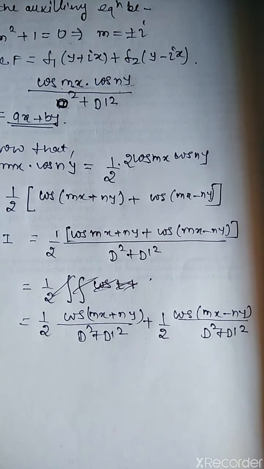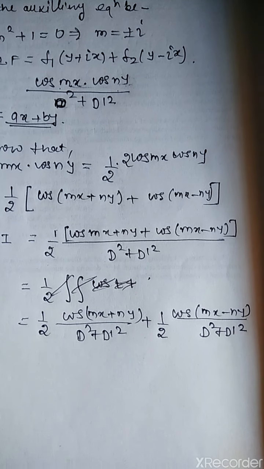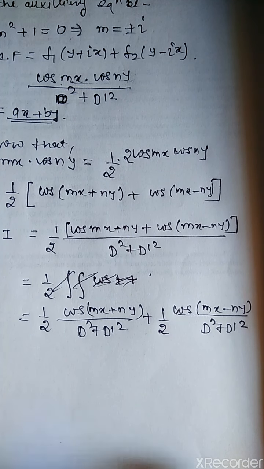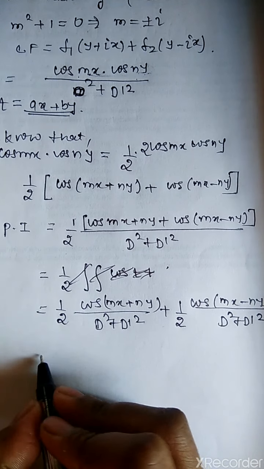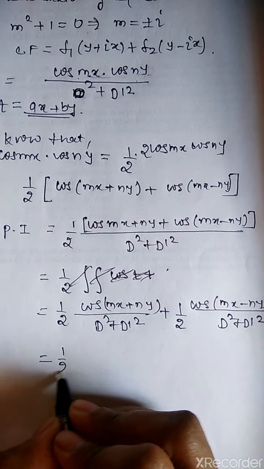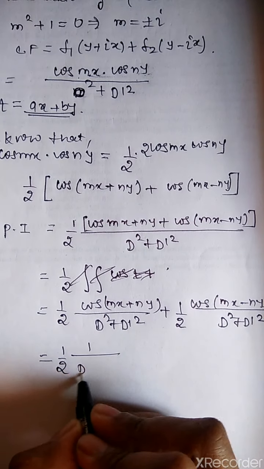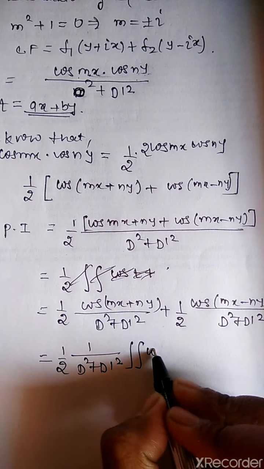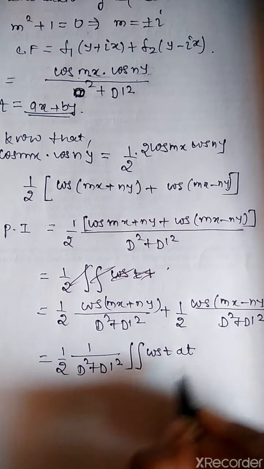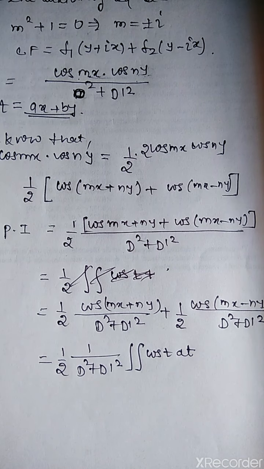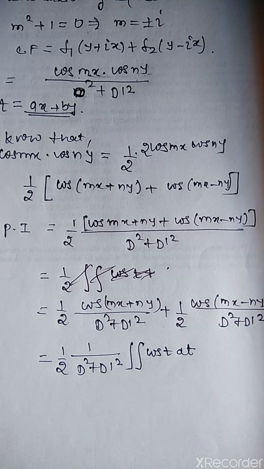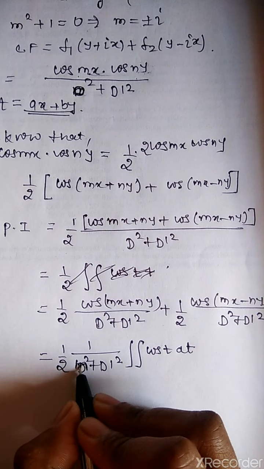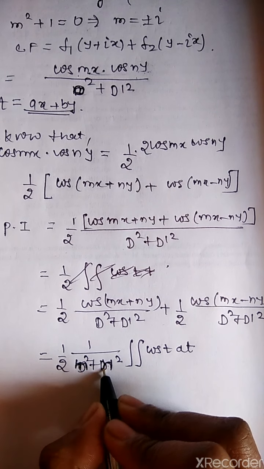Now we apply the function. Here, this is half times 1 by D square plus D dash square, and we put a double integration while substituting t and dt. Here D equals m and D dash equals n.